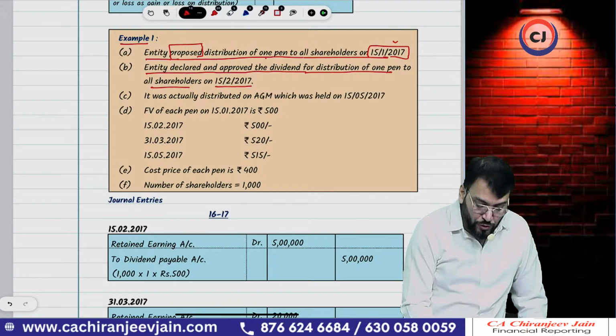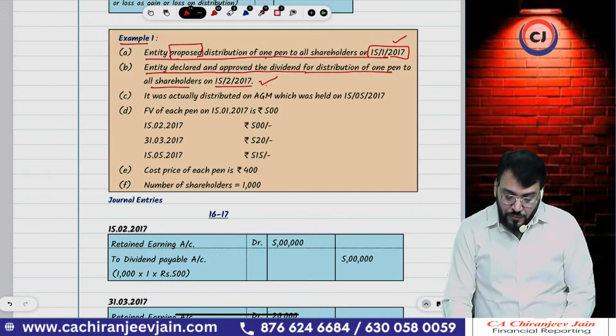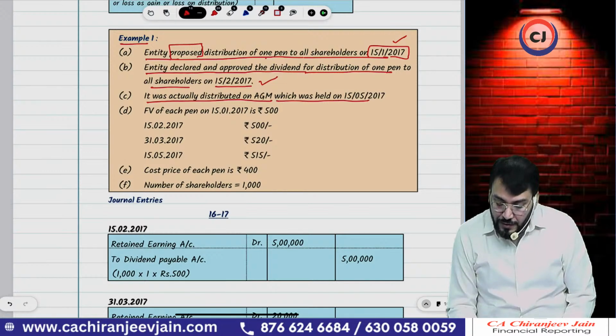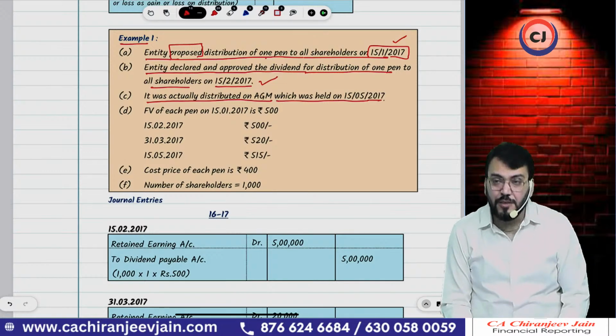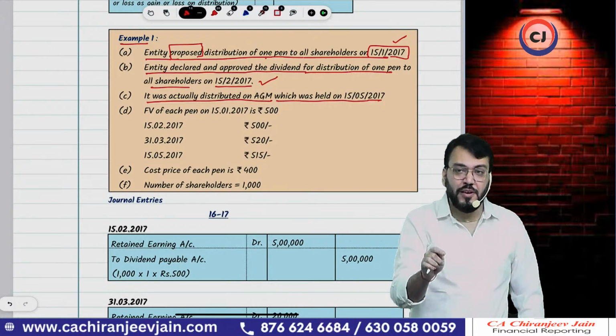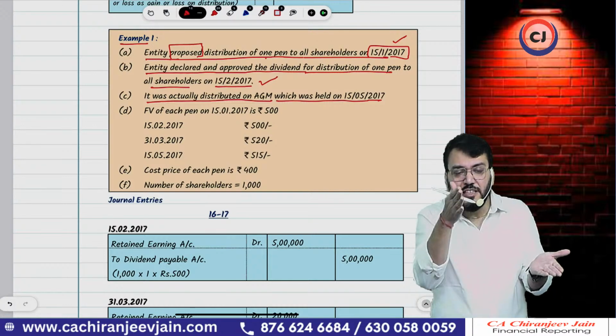So it was proposed on 15 Jan, approved on 15 Feb. It was actually distributed at the AGM, which was held on 15 May, means after the reporting date. Between approval and distribution there is one 31st March.